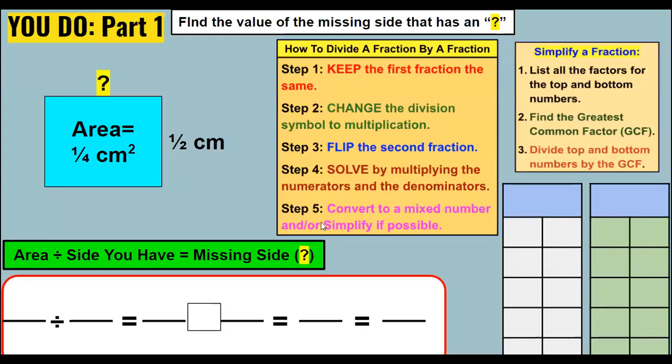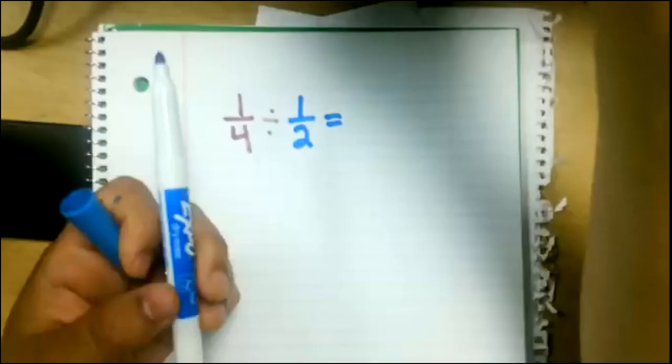All right, let's do this one together. The only thing I see is just mistakes in calculation, but I think everybody is doing what they should do. So we have an area of 1/4, right? And to figure out the missing side, we divide by whatever we have, which is 1/2. Okay, let me show you.